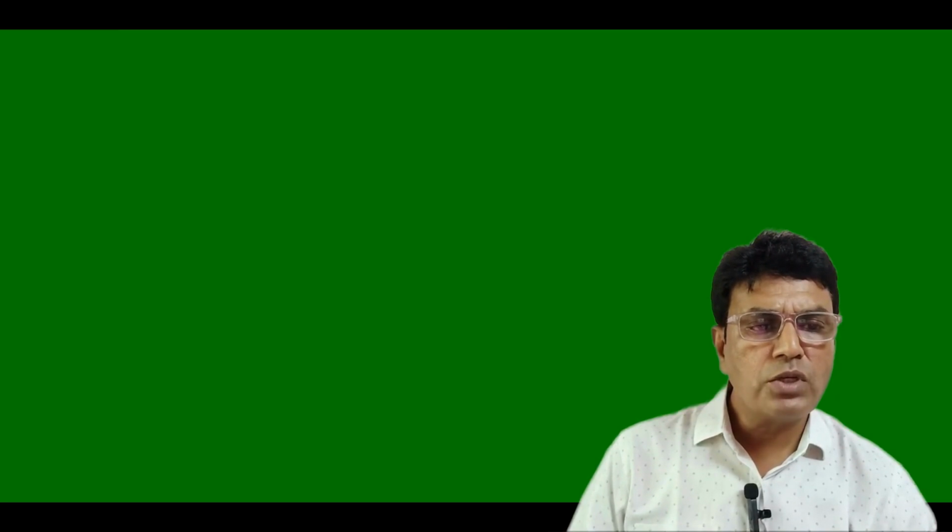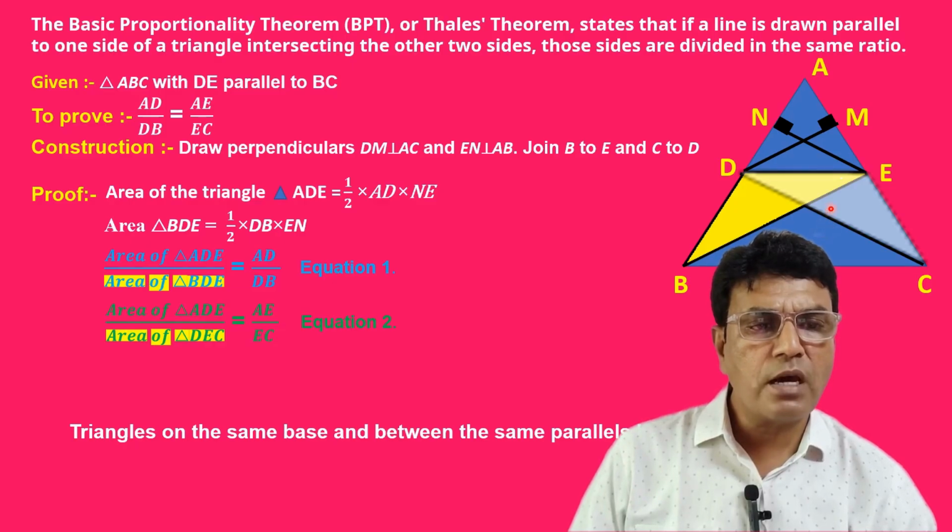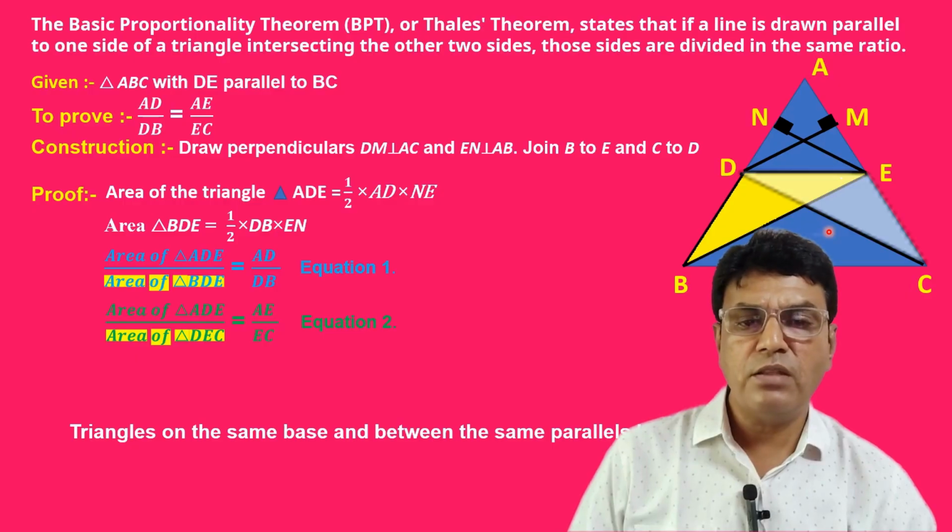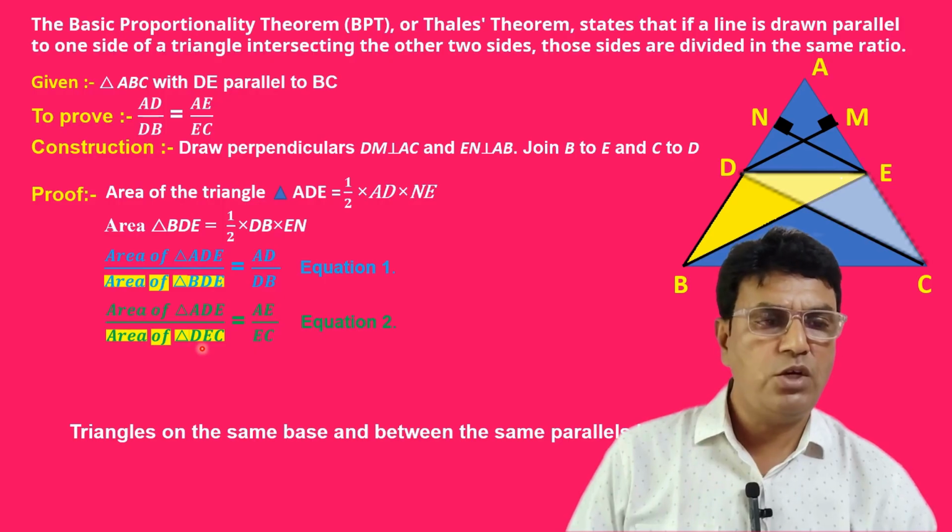And one more thing you'll notice here, that these two triangles are lying between the same parallels, and the parallels are DE and DC. In that case, we'll be concluding that the areas of these two triangles, triangle BDE and triangle DEC, will be equal there.